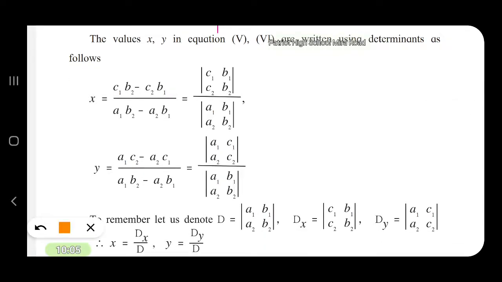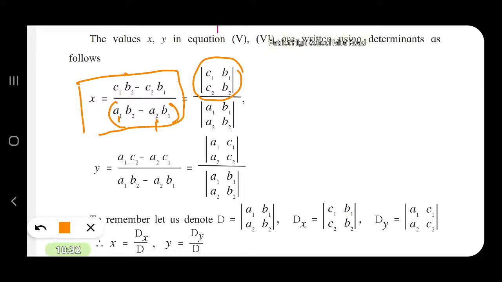So we had derived the value of x in this manner. What is this? c1 b2 minus c2 b1 can be written in this determinant form, c1 c2 in the first column and b1 b2 in the second. Similarly, we can write the denominator in determinant form, with a1 a2 as the first column and b1 b2 as the second column.